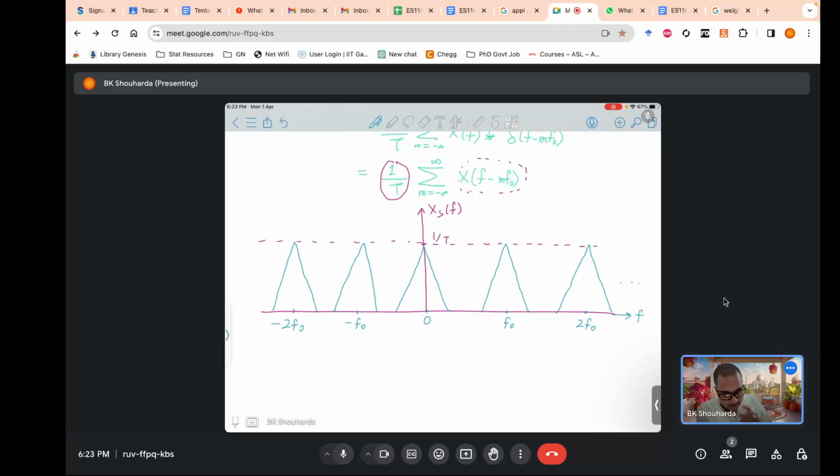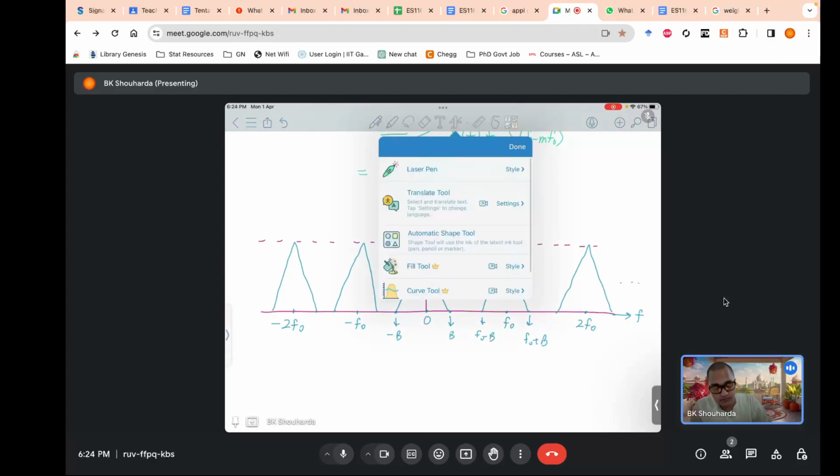Okay, and let us look at these sequences. This is B and this is minus B. This is f naught, so the extreme left side will be f naught minus beta, and this is f naught plus beta. Now let's look into this portion very carefully.